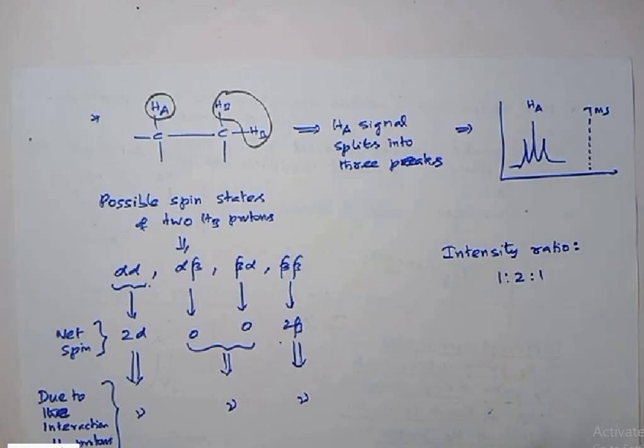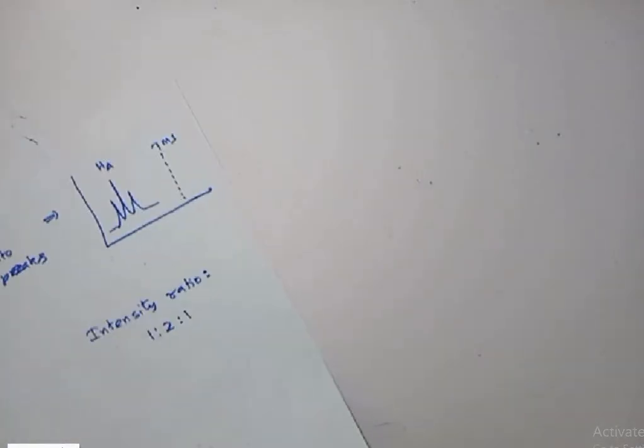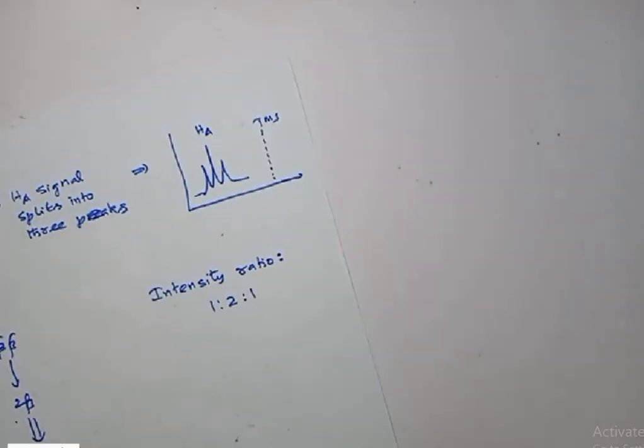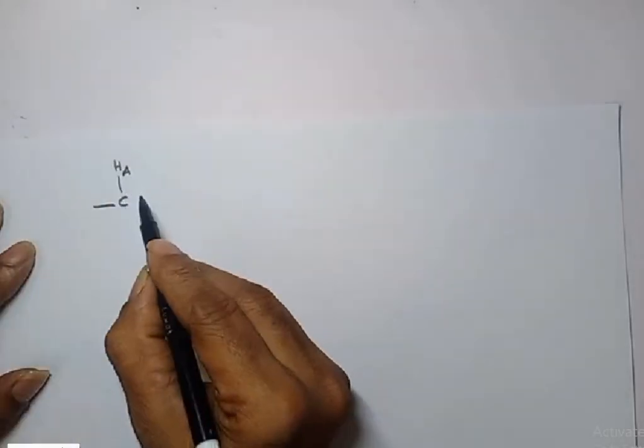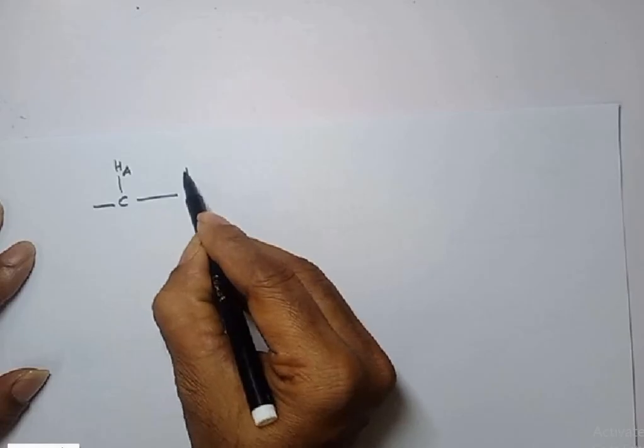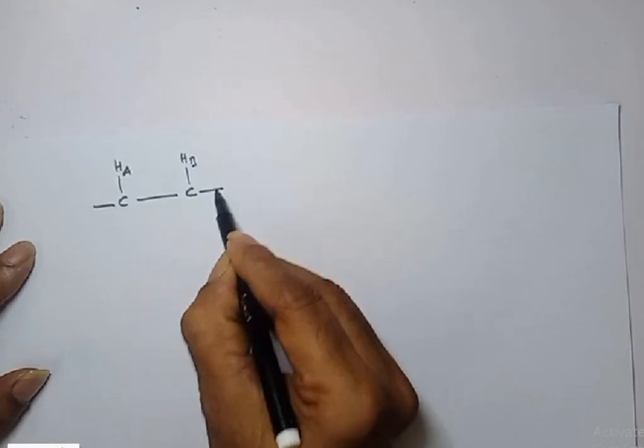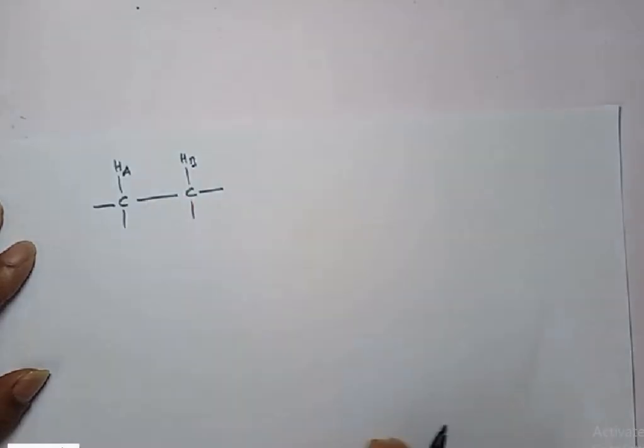Now let me explain why this actually happens. What is the reason, and how does it happen? Listen. See, in the previous case, suppose I have a proton HA which gives one signal, and the adjacent carbon has a proton HB.